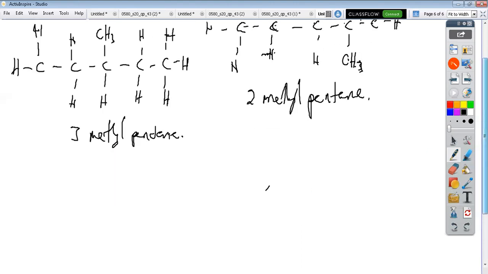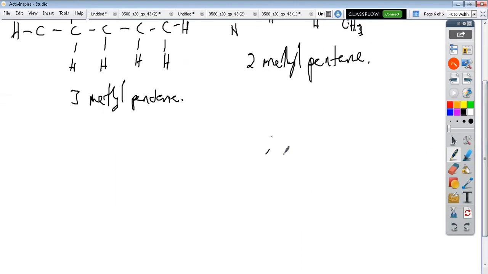But we have more isomers. So instead of having 5, we can have 4. 1, 2, 3, 4. Then your guess is correct with mine. We can have a CH3, CH3, so that we have 6 carbons, like that. Then these are hydrogens, I'll ignore them for now.